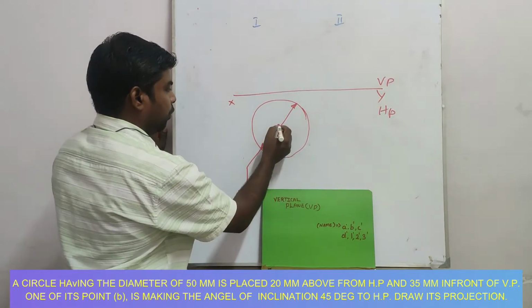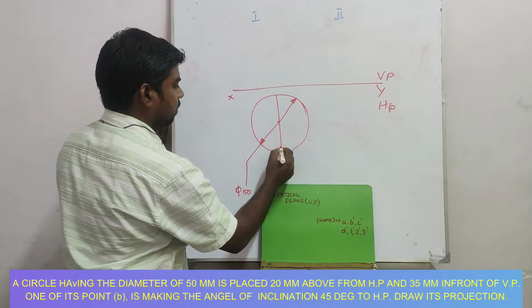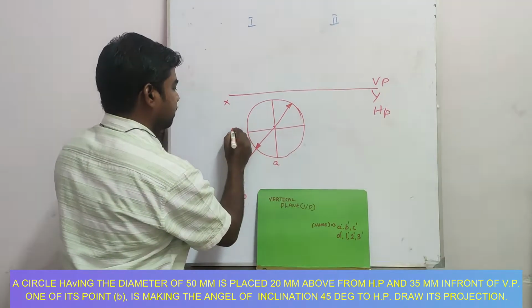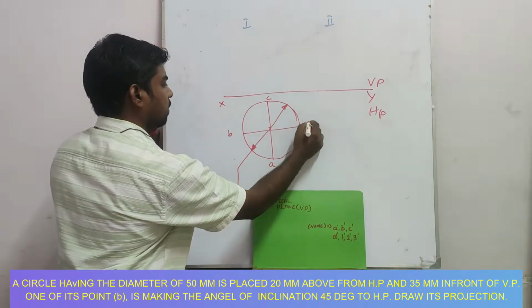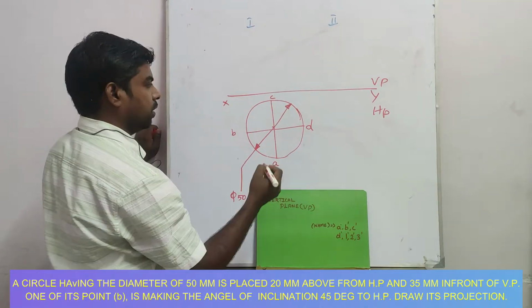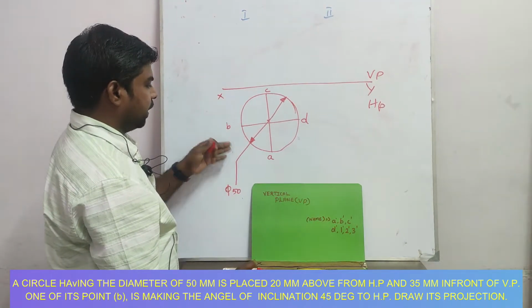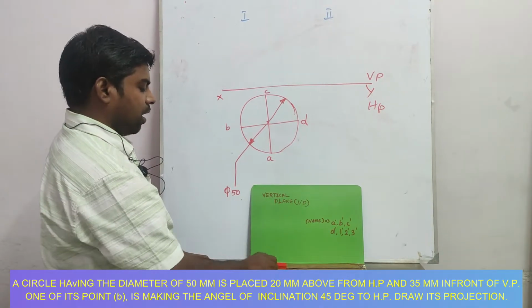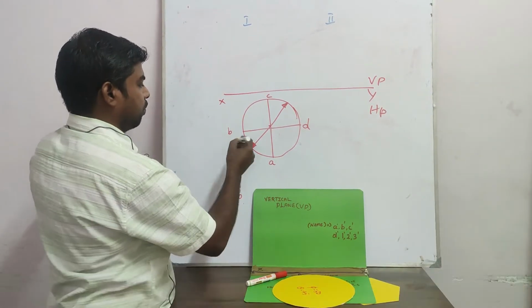After that you may divide this circle into 4 parts, that is generally A, B, C, D. Okay, because it is in HP so you can give A, B, C, D diameter whatever may be given. So after that we should go for the projection.